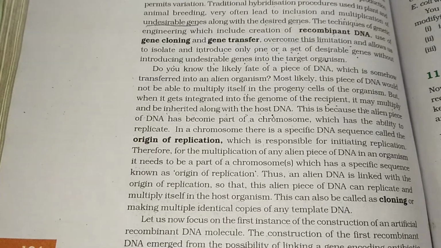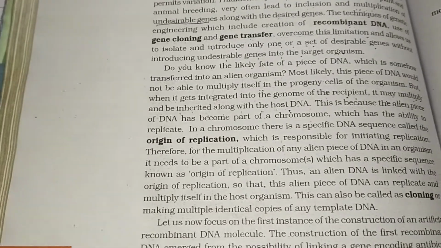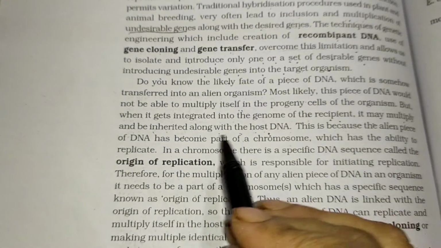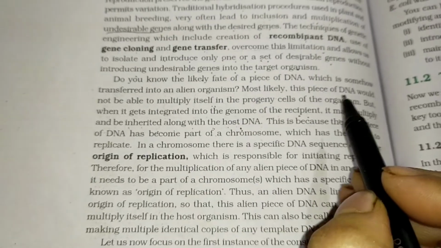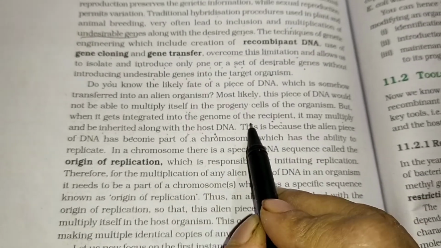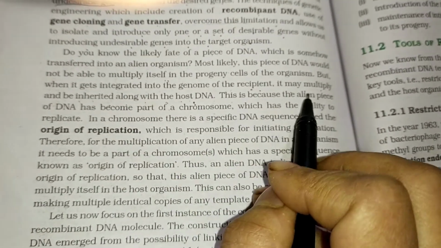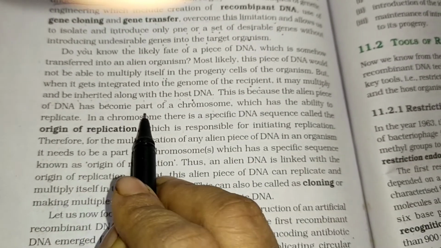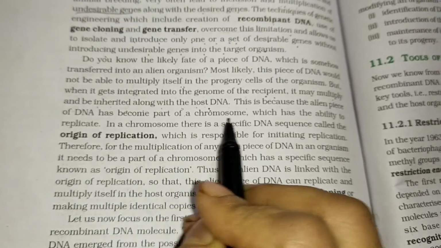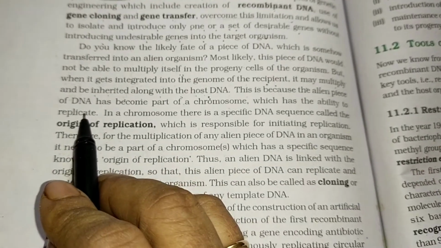Okay. So now, in that sense we can say how it is actually introduced into the host DNA. This is because the alien piece of DNA becomes part of a chromosome which has the ability to replicate.